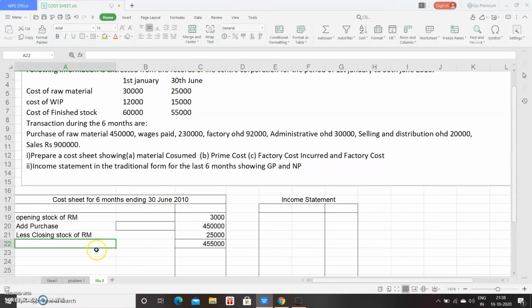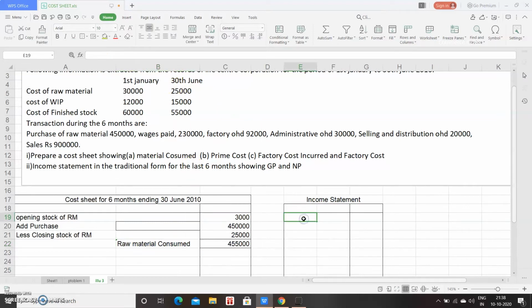Raw material consumed is basically your total purchase added with opening stock of raw material minus closing stock of raw material. So you'll get 4,55,000 as cost of raw material, and with that we will add wages paid, and we will get the prime cost.